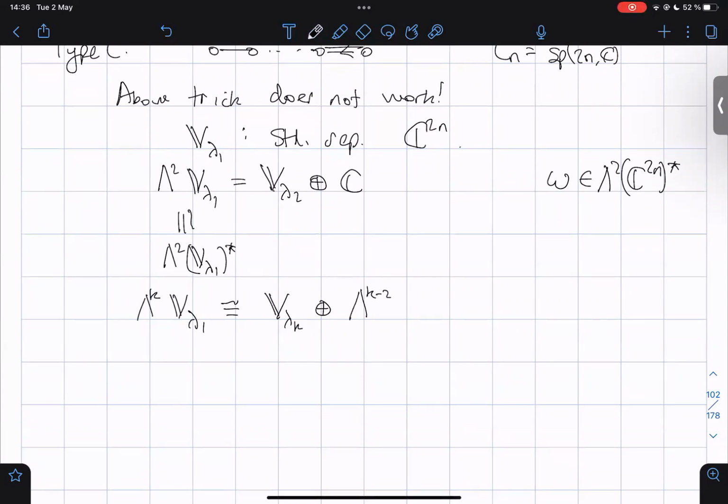And then I'm going to get wedge k minus 2 of the standard. Okay, so you could iterate this and get a formula like that. So the situation is more complicated in this case. Okay, so I'm not going to go into more detail, I think, for that.